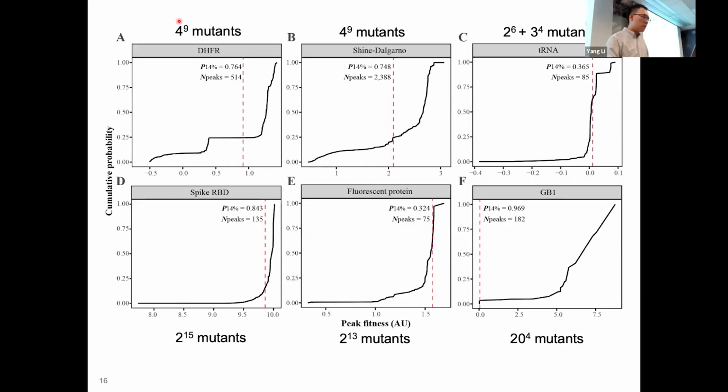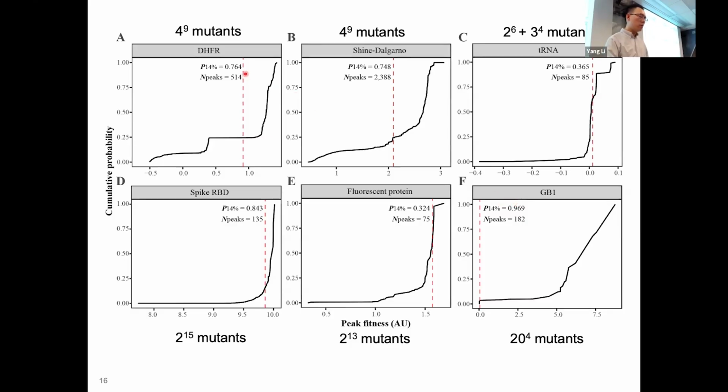So let's look at the whole picture of the landscapes we're choosing. The first is in E. coli, the DHFR gene, and the dashed line is the cutoff for defining a high peak. We can find that the probability of reaching a high peak seems to be different across the 6 empirical landscapes.